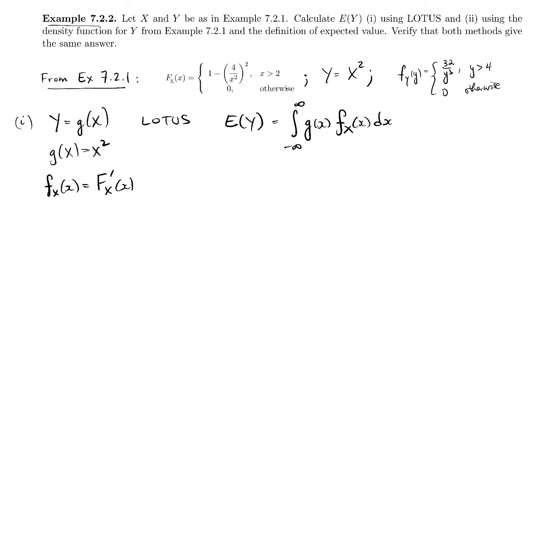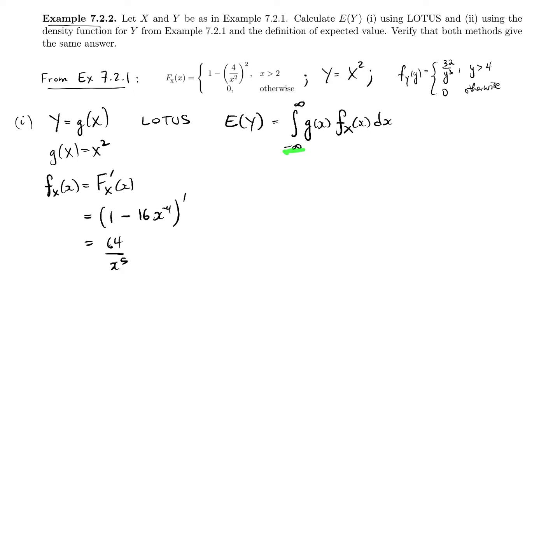And since we have the cumulative distribution as 1 minus, if we write this a little bit in a different way, 4 squared gives me 16 over x squared squared, so x to the minus 4 primed. So the constant goes away, the minus 4 comes down, multiplies, I'm going to get positive 64 over x to the fifth. That is the density function, and that's what's going to go in here along with x squared.